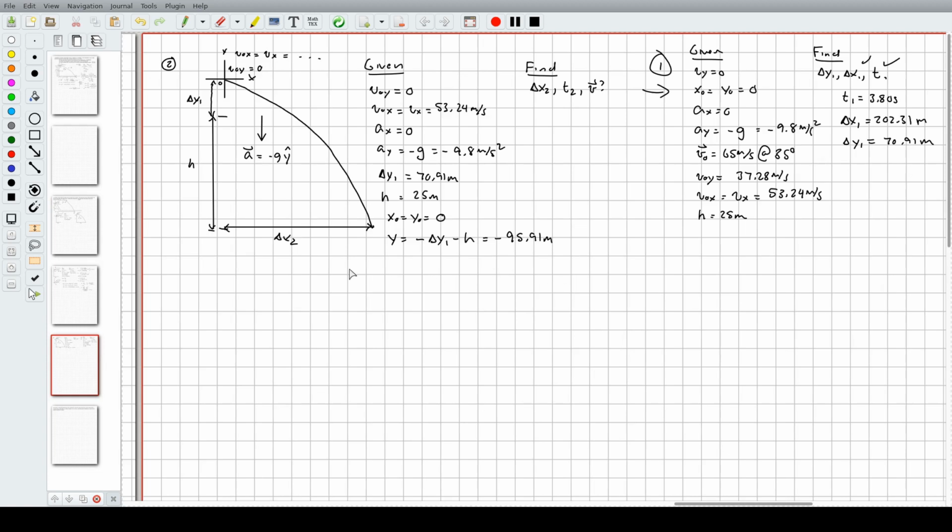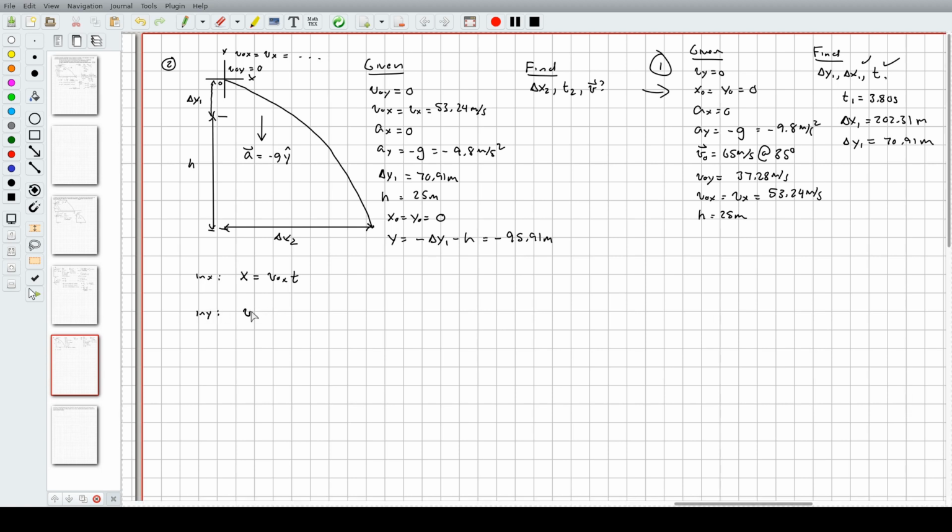All right, so like I said, ultimately the goal here is to find delta x2. You can write out all the stuff you want in x, but noting the fact that our initial position in the x direction is 0, just like y, the only equation that's useful to us from x, because of the lack of acceleration in that direction, is just this. We know that from experience. In y, though, let's write our equations out.